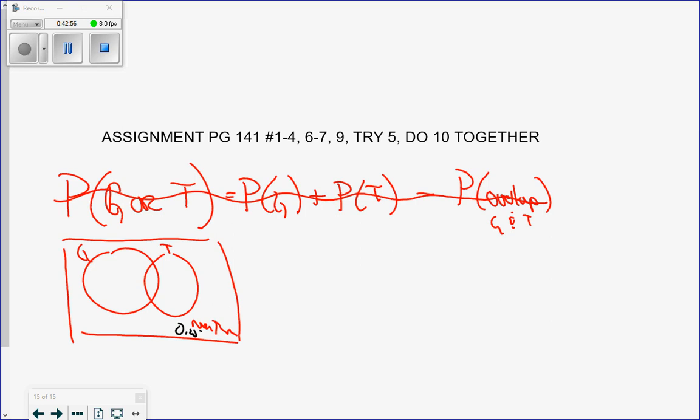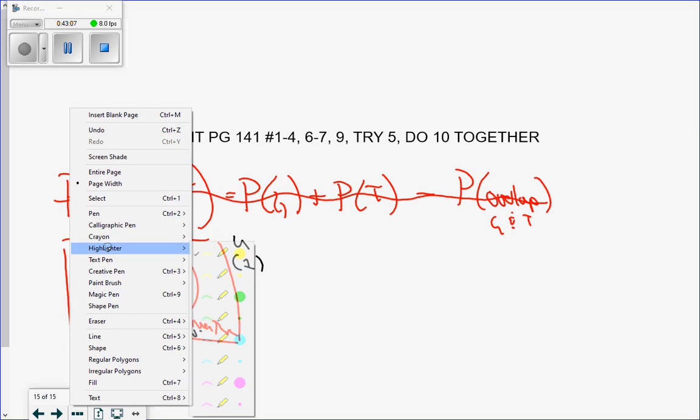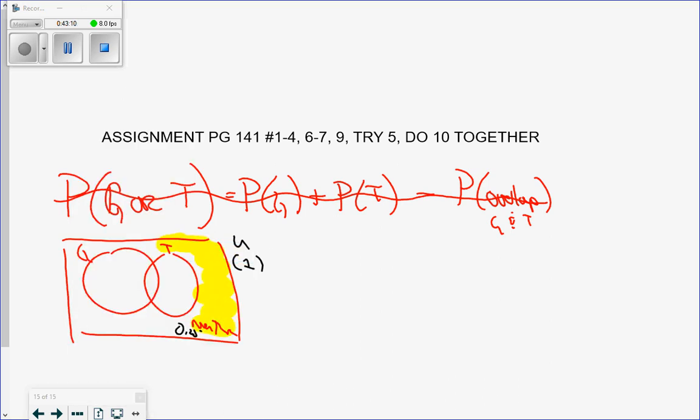Since we're talking about probability, what does the universal have to add up to? 1, right? 100%, right? So if this is 0.25, what does this have to be? 0.75. And that 0.75 represents golf or tennis, right? Remember, or means add up everything.